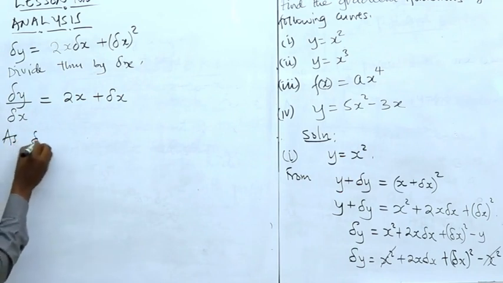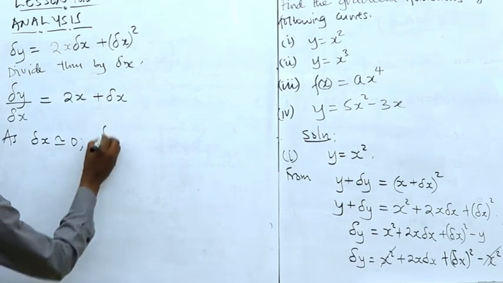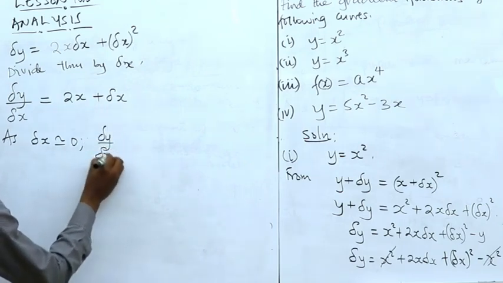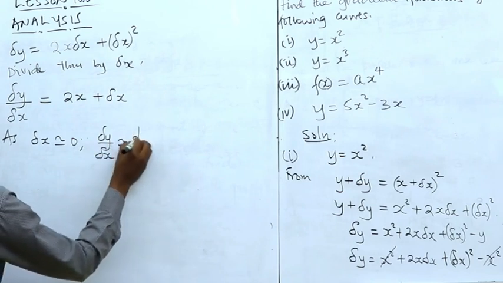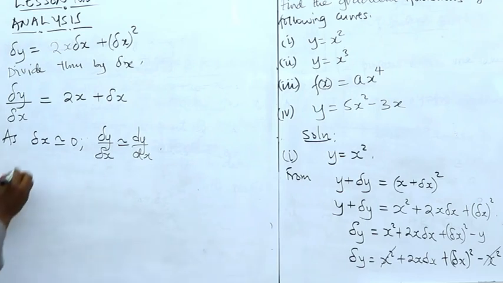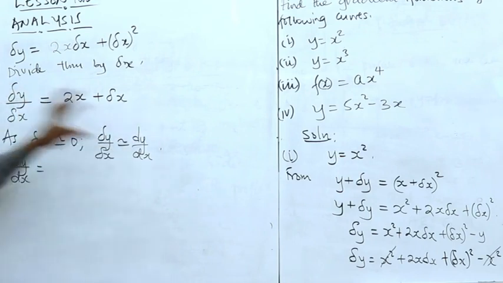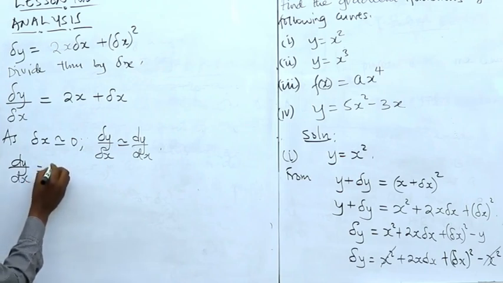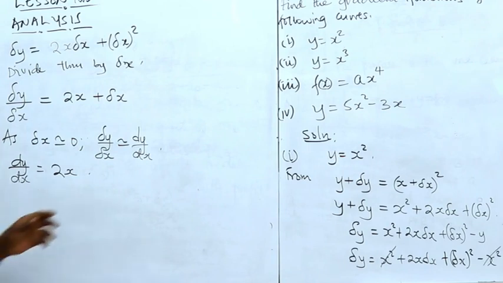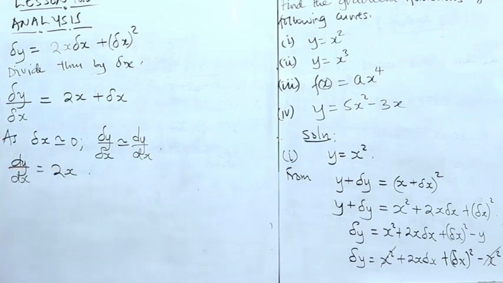Then as delta x approaches 0, delta y over delta x approaches dy/dx. So dy/dx is equal to 2x.